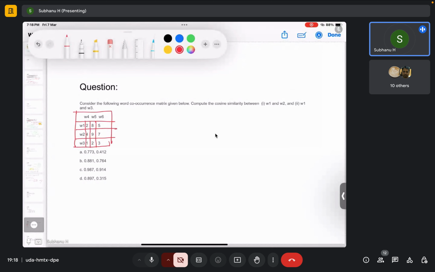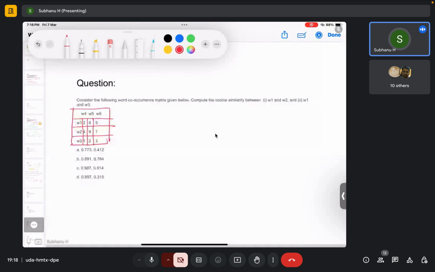So you have to find out the cosine similarity. What is the formula for cosine similarity between vector P and vector Q? It is nothing but P vector dot Q vector by the magnitude of P and the magnitude of Q. Okay, so this is the formula.